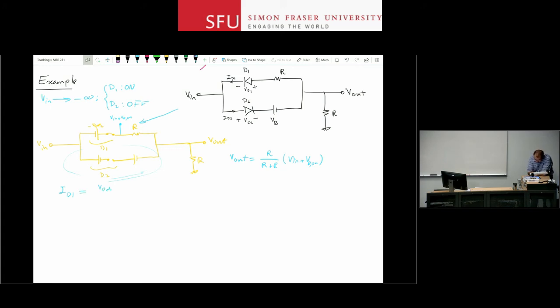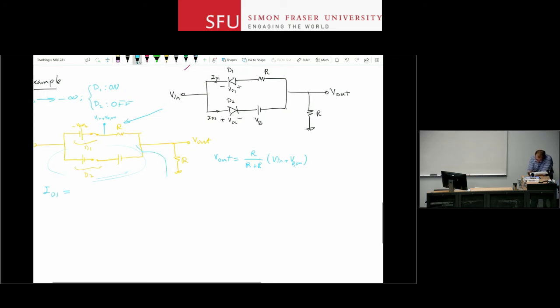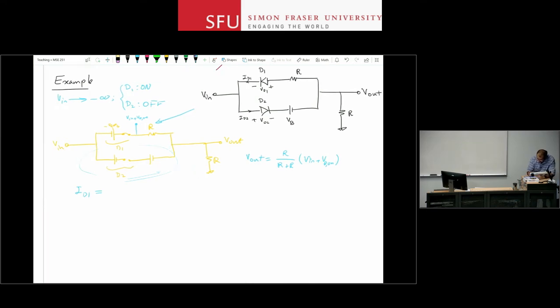V out in this circuit here. ID1 is going to be this current. Right?